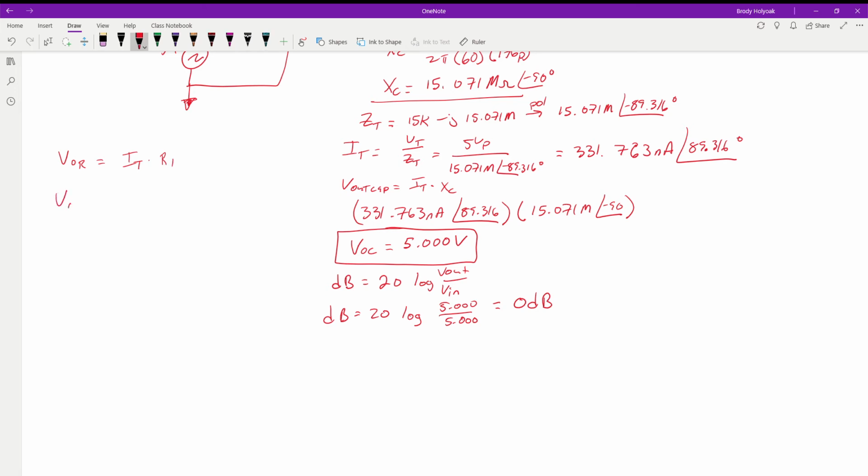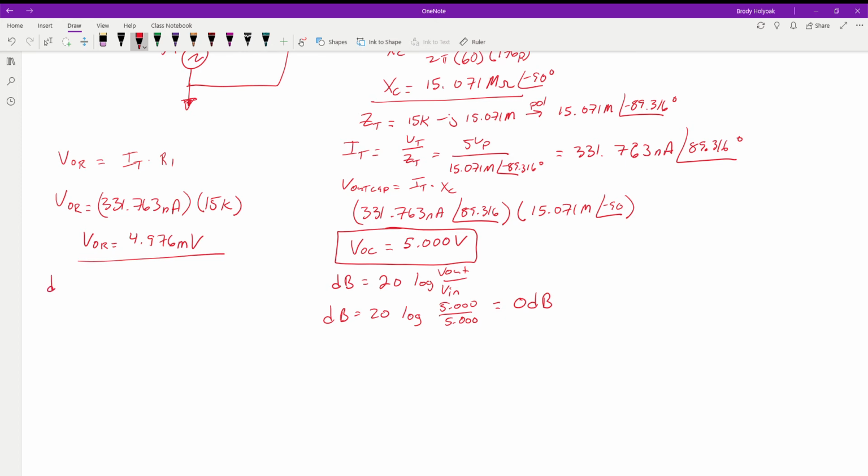So the voltage out of our resistor is equal to 331.763 nanoamps. We're going to multiply that by our resistor, which is 15K. So now the voltage out of our resistor is equal to 4.976 millivolts.